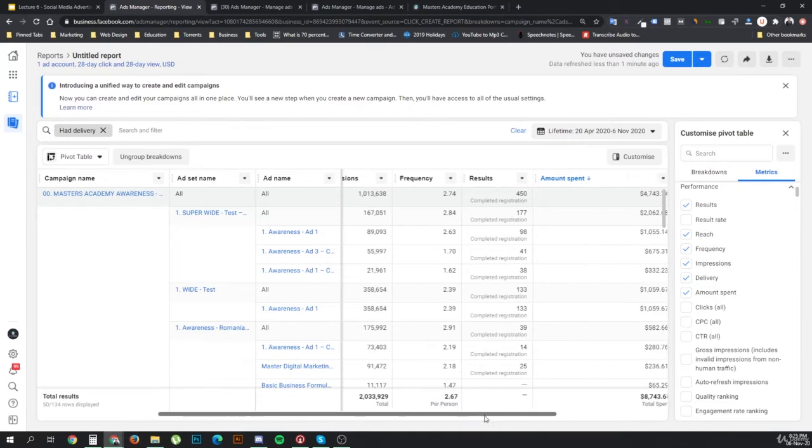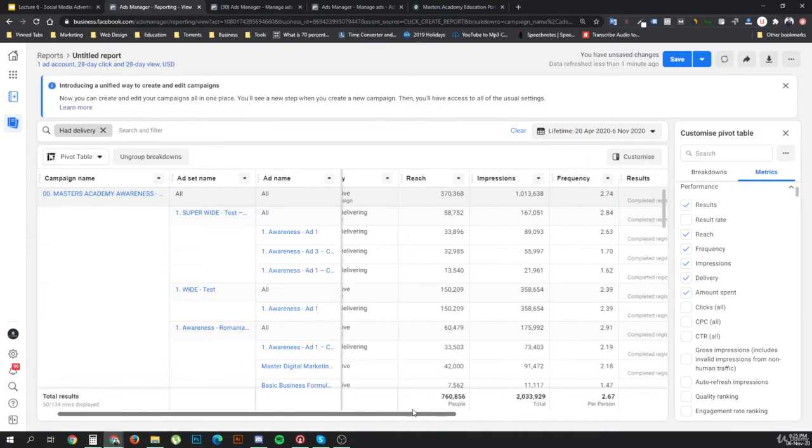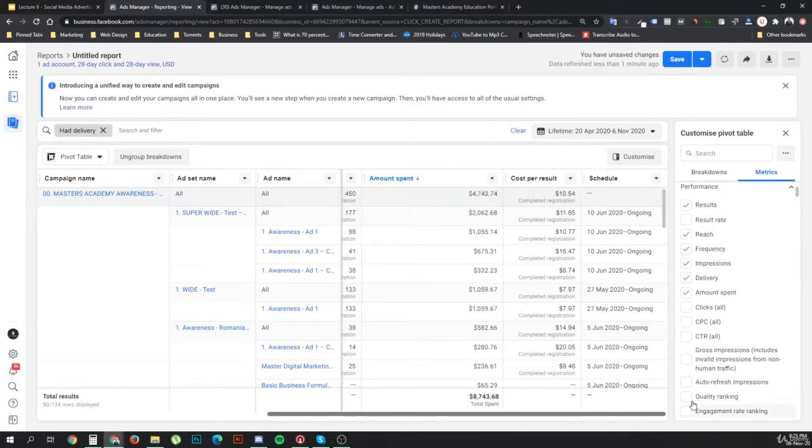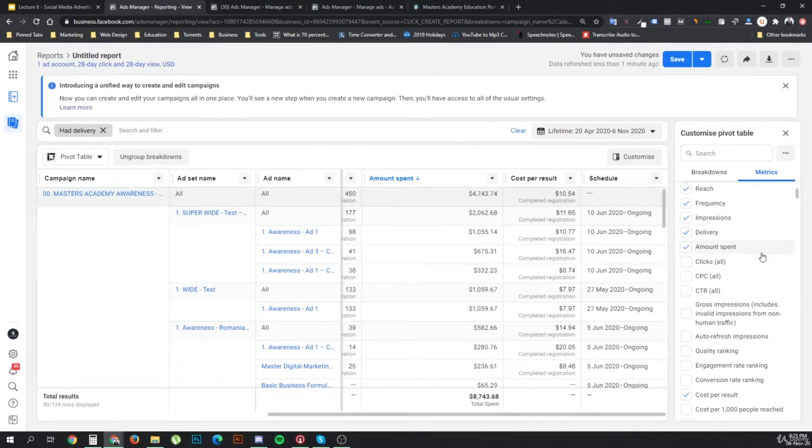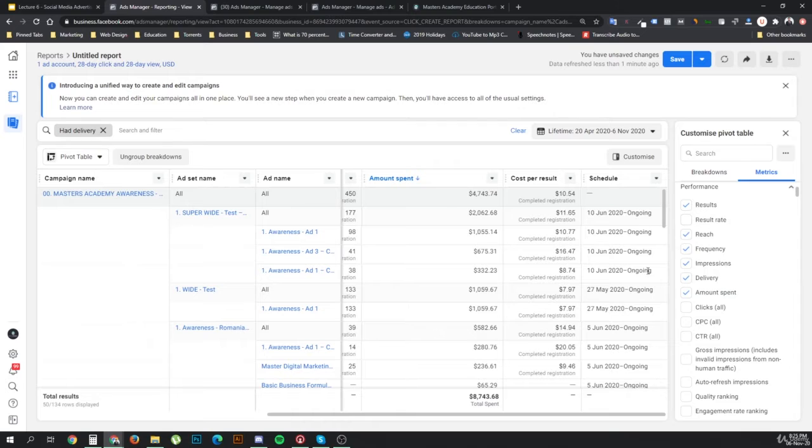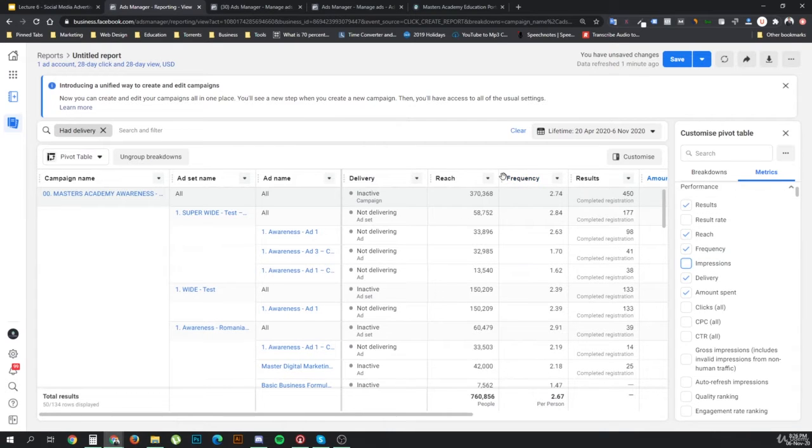So again, we can set up the metrics that we want to analyze. In this case, let's say that I want to take a look at my impressions, and you can also move them like this. So this is a bit of a nicer interface than the Ads Manager as well.